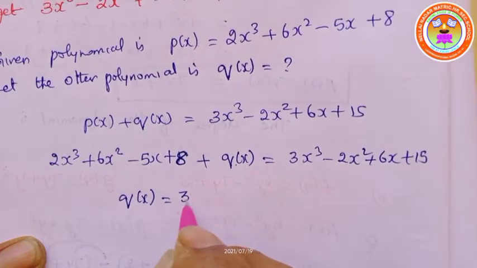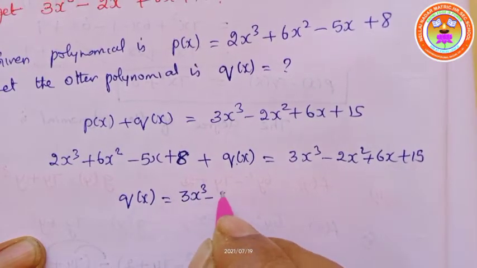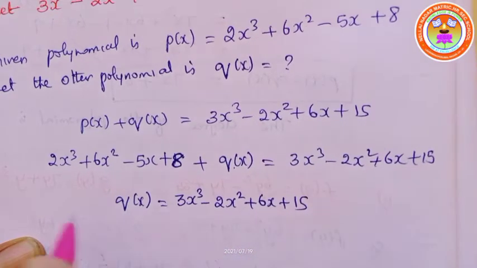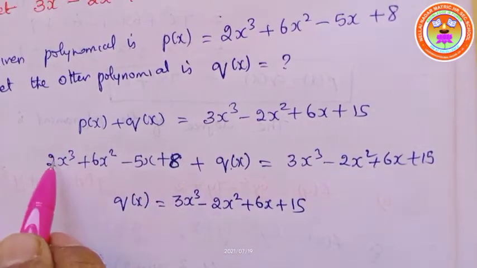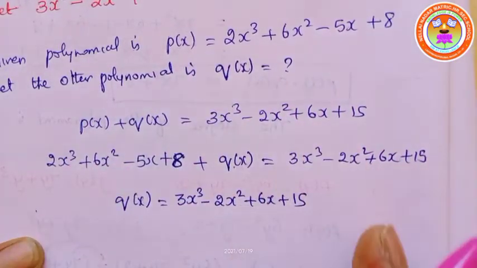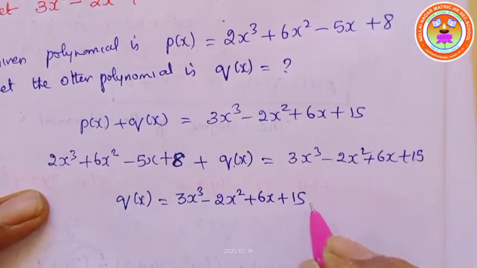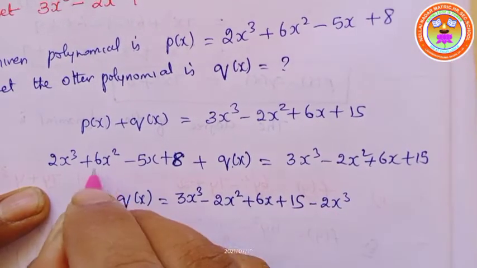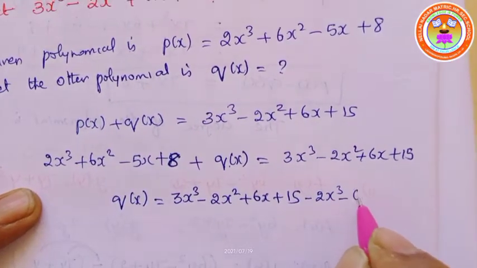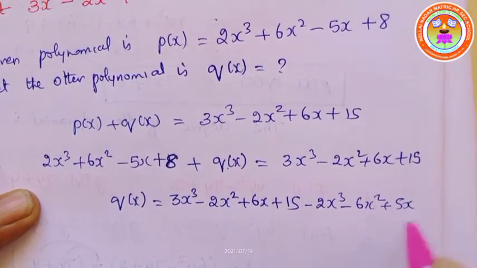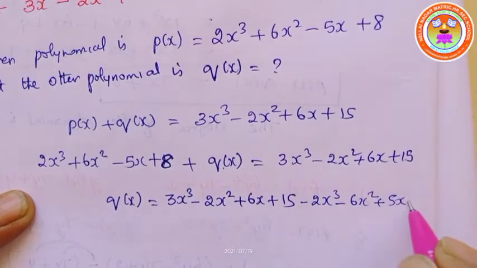Now 3x cube minus 2x square plus 6x plus 15 is there. Now you transfer 2x cube plus 6x squared minus 5x plus 8 towards your right side. Okay, what will happen? Sign will change. So plus 2x cube becomes minus 2x cube, plus 6x squared becomes minus 6x squared, minus 5x becomes plus 5x, plus 8 becomes minus 8.